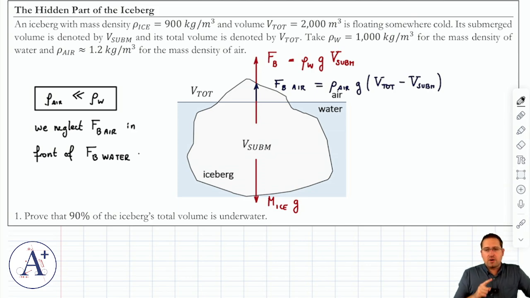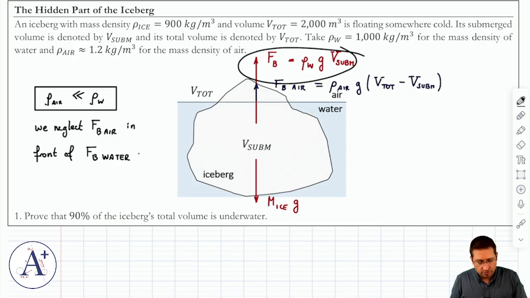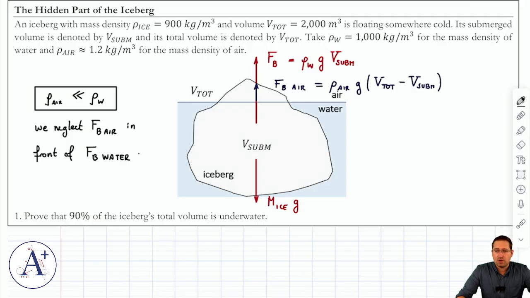So that, first of all, is important. Second of all, I did not say that we neglect the buoyant force due to air, period. I said we neglect the buoyant force due to air in front of another buoyant force that is 1,000 to 10,000 times greater. So you don't just get to neglect stuff in physics, you get to neglect something in front of something else. Your savings can be neglected in front of Bill Gates' savings. You don't make a difference, I'm sorry.